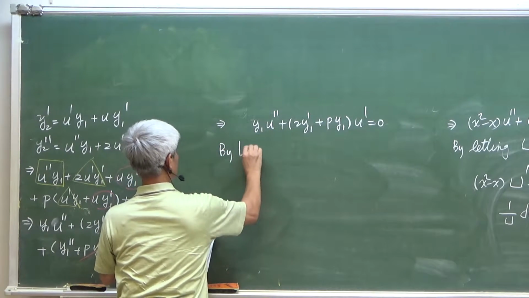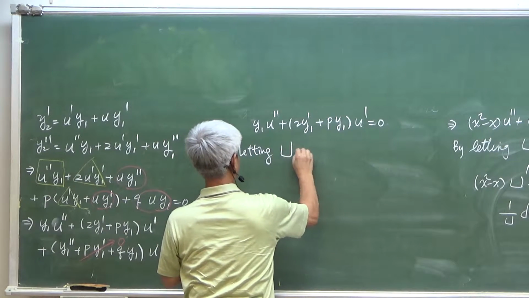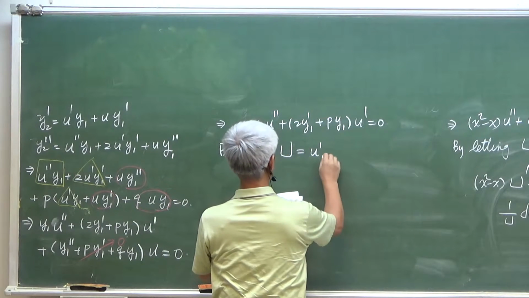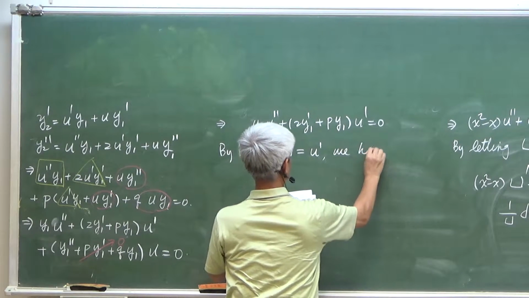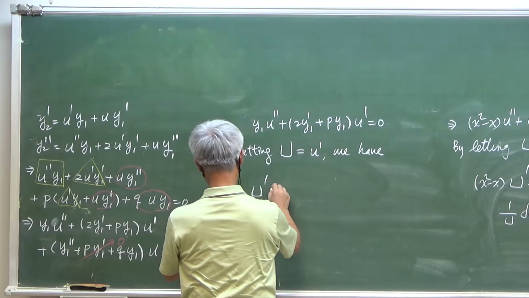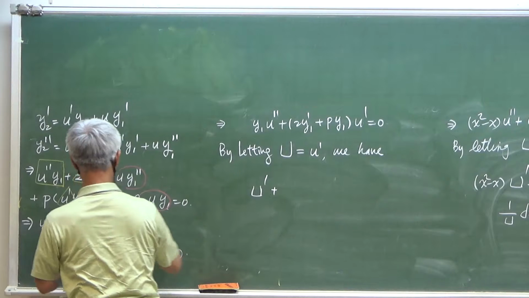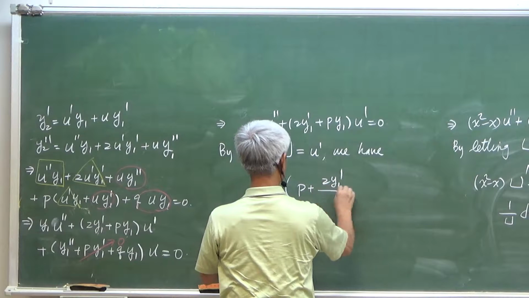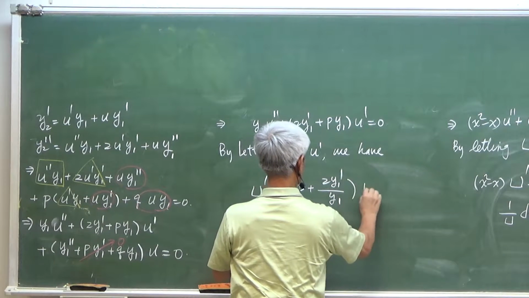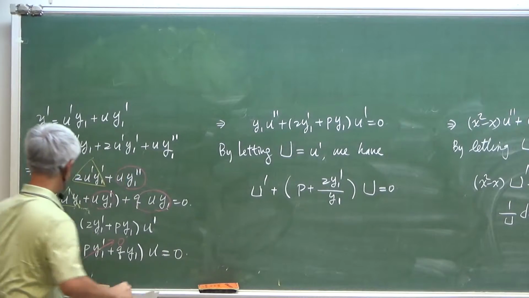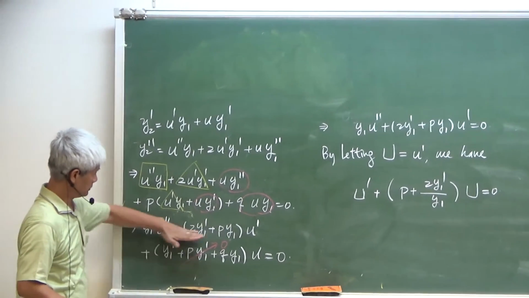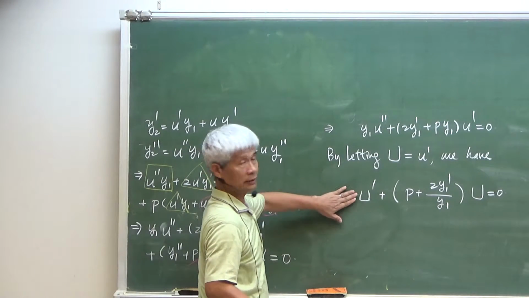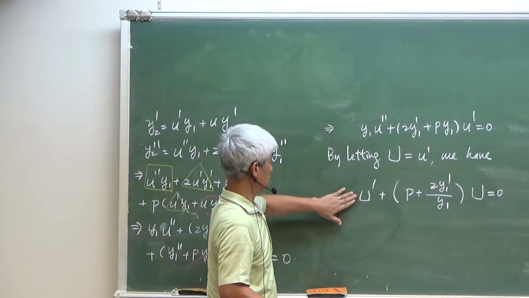By letting w equal to u prime, we have w prime. So you divide by y1, so you normalize the coefficient of w prime.